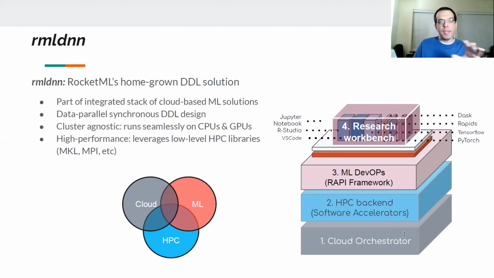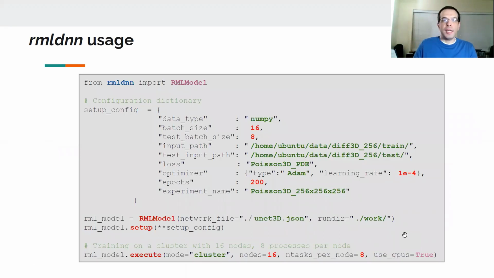The whole thing is cluster agnostic, so all this works seamlessly on CPUs and GPUs with pretty much no code change to the user, and all at the same time that it takes advantage of low-level, tried-and-true HPC libraries like MKL, MPI, etc. And finally, RML-DNN usage is based on the principle of code minimalism. So the amount of code needed to run it is actually very small.